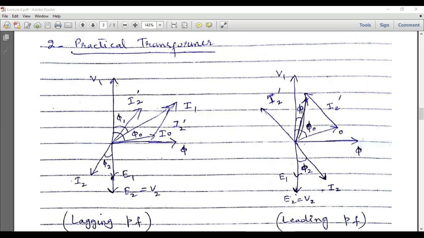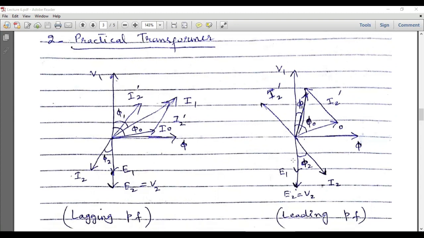So here we will have I naught. Im is actually lying in parallel with this flux vector. So this is I naught again for a lagging power factor load. This is the direction of I2, and this is the direction of I2 dash. We can place this I2 dash vector over the head of this I naught vector, and the vector sum of these two vectors is I1.